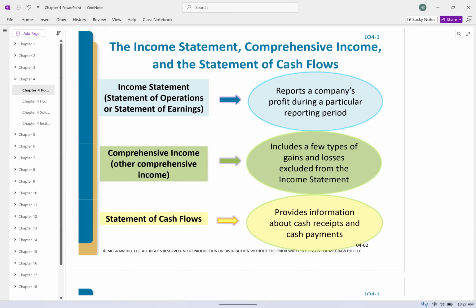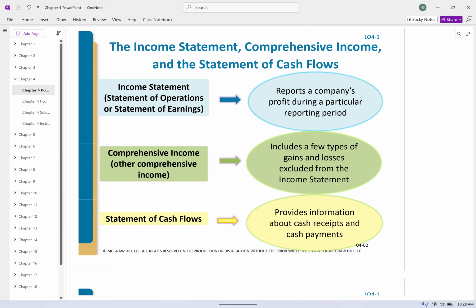For example, a foreign currency exchange rate: we may have a gain or a loss on it, but we don't want to put that in the income statement yet because it hasn't been realized. So it's just odd things that get put into comprehensive income.